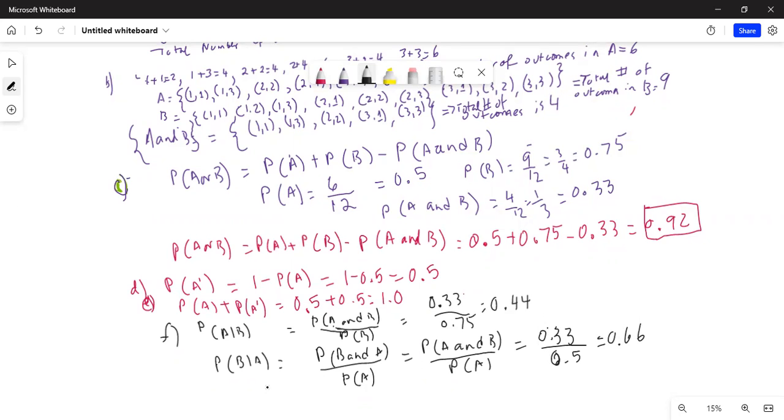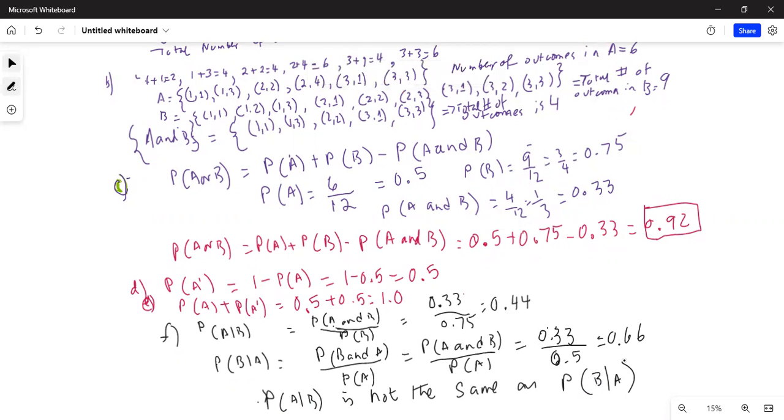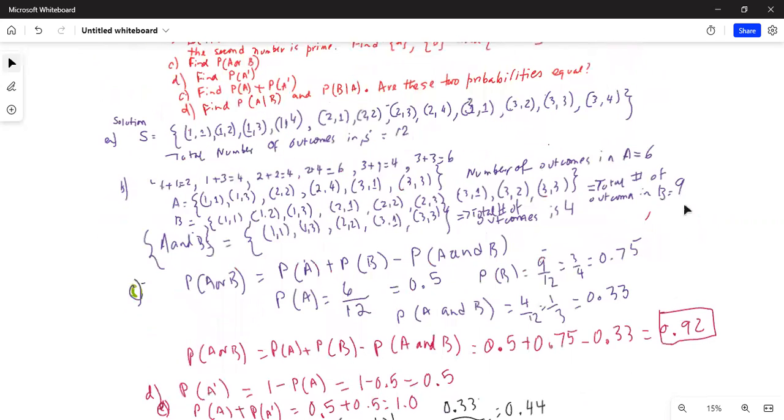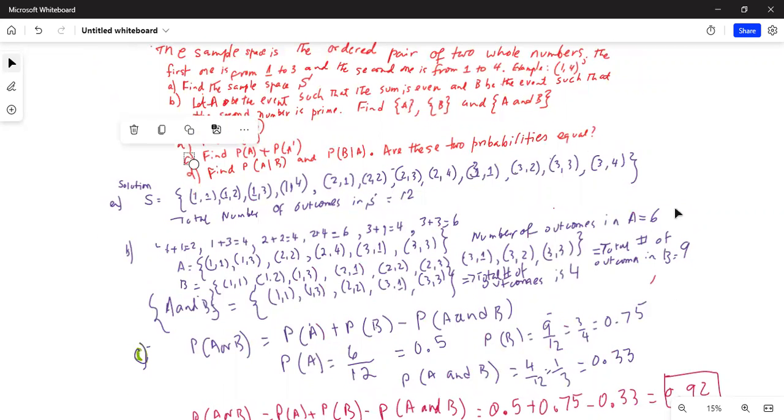So as we find out, probability of A given B is not the same as probability of B given A. Okay, so this is the conclusion. Now, before I go away, I have to make a small change in the way we have written this problem. I have to correct. So let me get my eraser.